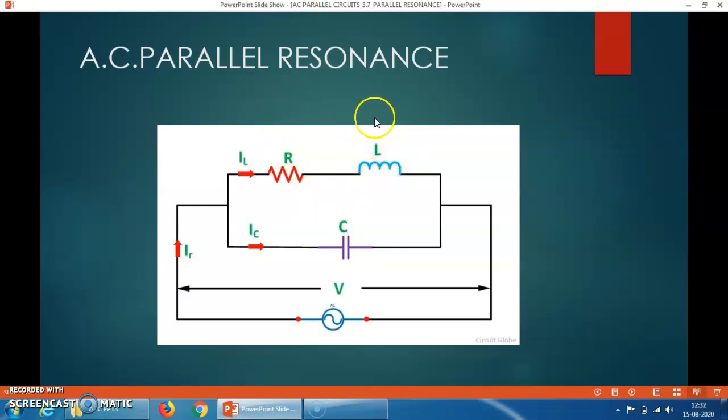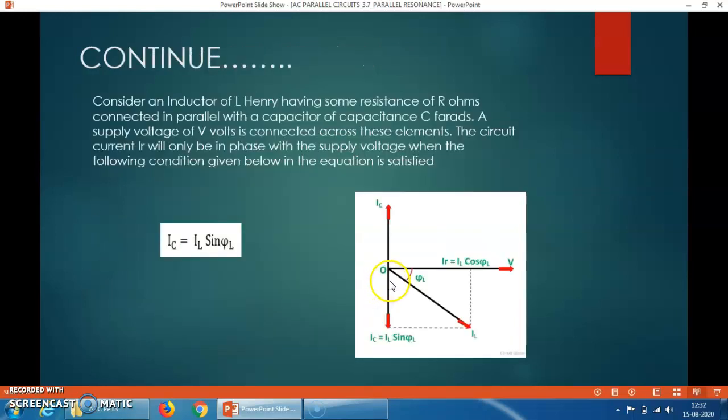The current flowing through the RL branch always lags behind the voltage by an angle phi L. Where the inductor is present along with the resistance, it is called an RL series circuit, and the current always lags behind the voltage. So IL always lags behind the voltage by an angle phi L. Draw the vector IL, which lags behind the voltage by an angle phi L.